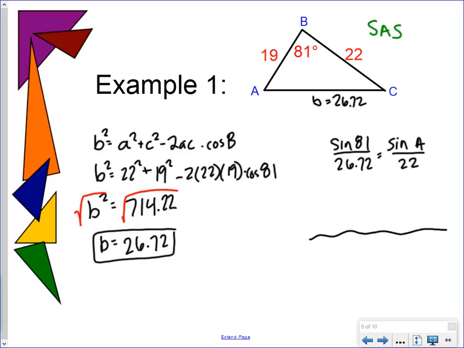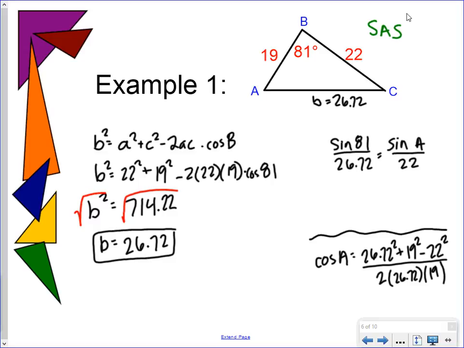Others of you said use what? Not law of sines. Law of cosines. Use those angle formulas, right? If you want to find angle A, do cosine of A is equal to B squared plus C squared minus A squared all over 2 times B times C. So at this point, it's kind of like choose your own adventure.